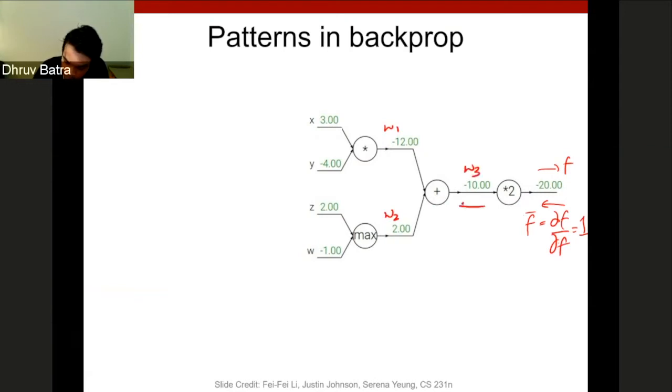We now have to compute w3 bar, which is the partial of f with respect to w3. f is just 2 times w3. That's the relationship, so this isn't hard. This is just 2. That's what we get back. This one was pretty easy to get. So we get 2 on the backward pass.